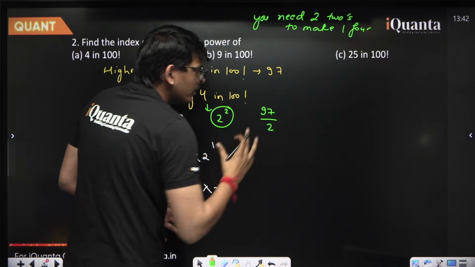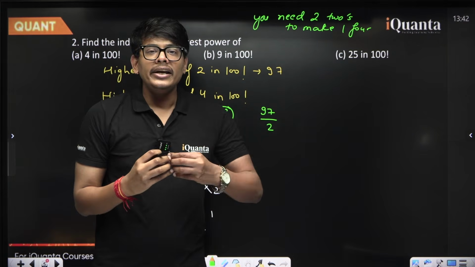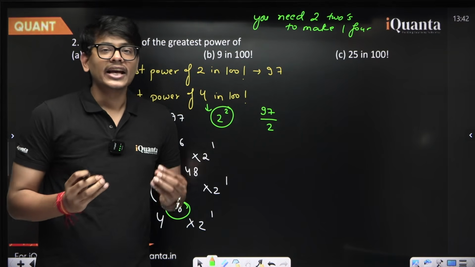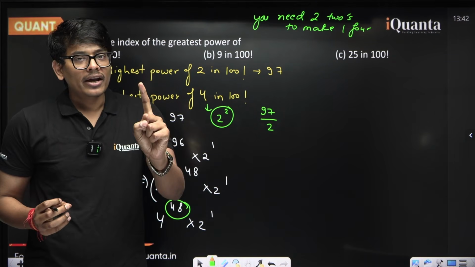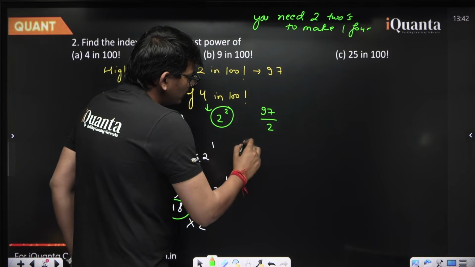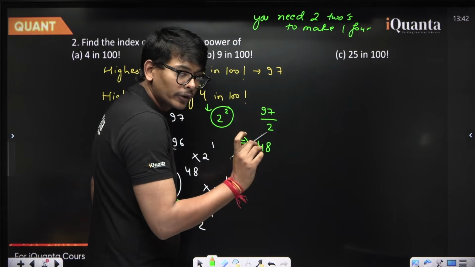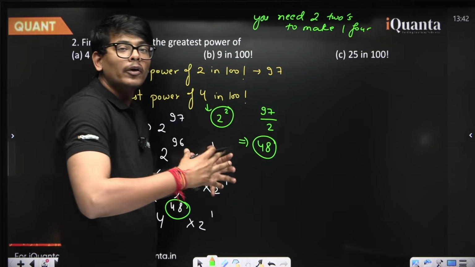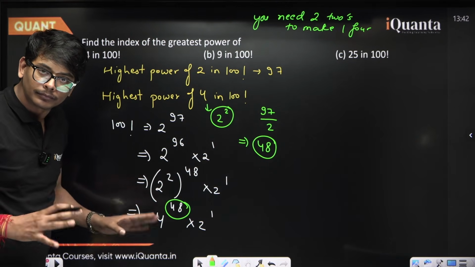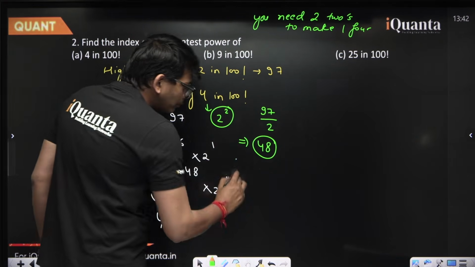So I'm checking out of 97 how many 2 2s I can take, or you can say how many pairs I can take, because one pair will result into 4, right? So 97 divided by 2, you have to take the quotient, okay? So 48 number of 4s will be there. So you do not need to do this much. Clear? Let's take one more example.